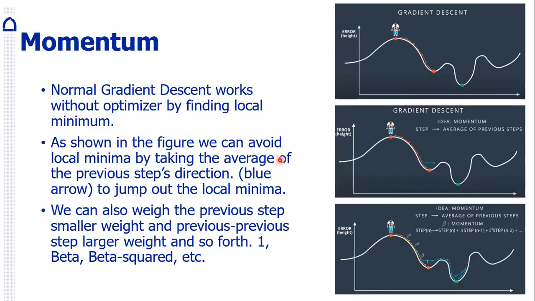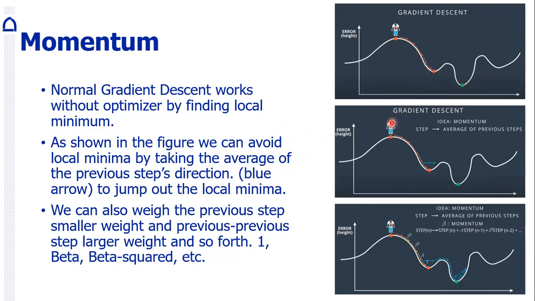Momentum is another technique. Actually, it is not a layer, it is a technique used to avoid falling into a local minimum. If you look at the graph here, we have a local minimum and a global minimum. We want to reach the global minimum and avoid falling into the local minimum.